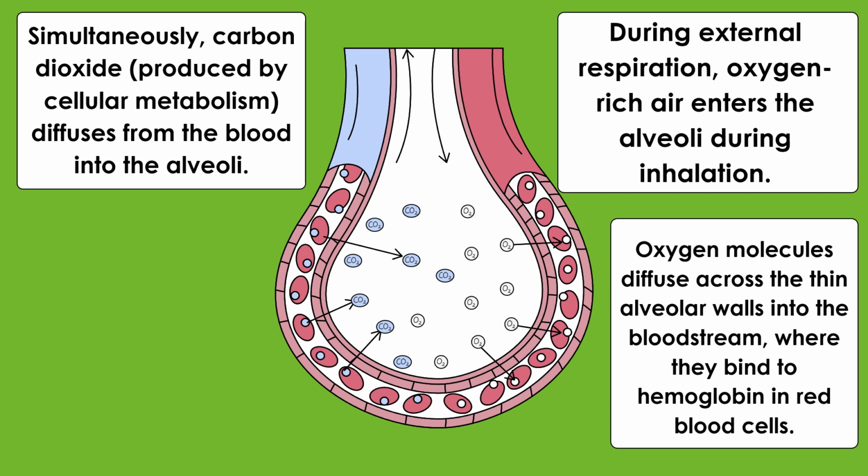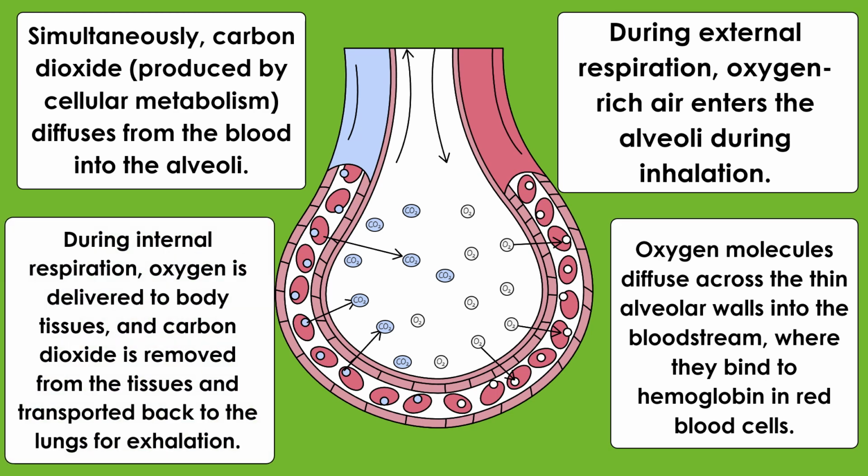Third, oxygen molecules diffuse across the thin alveolar walls into the bloodstream, where they bind to hemoglobin in red blood cells. Fourth, during internal respiration, oxygen is delivered to body tissues and carbon dioxide is removed from the tissues and transported back to the lungs for exhalation.